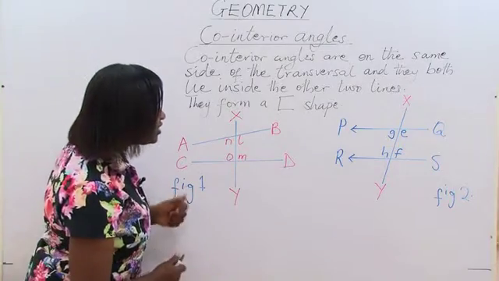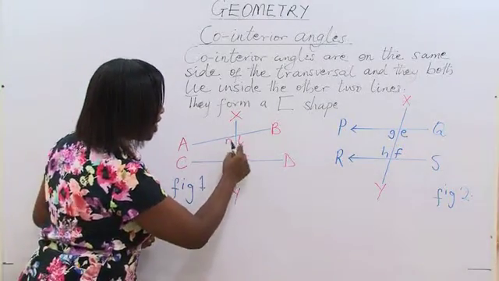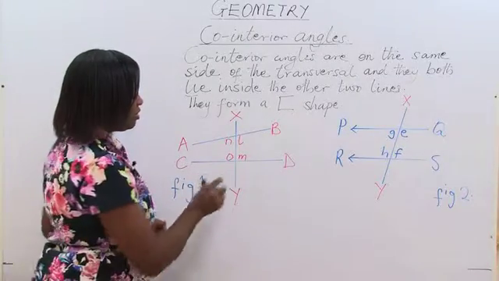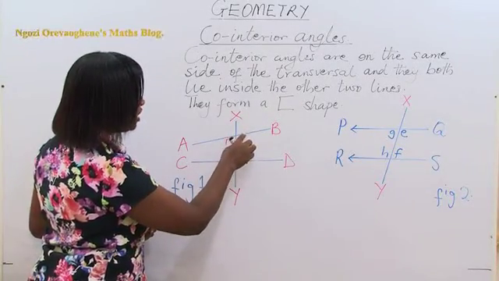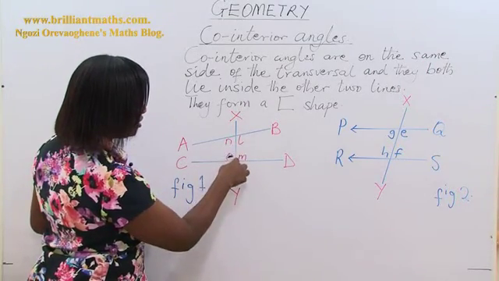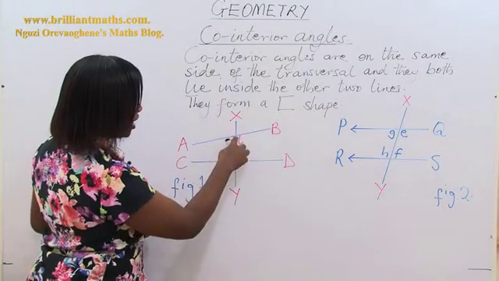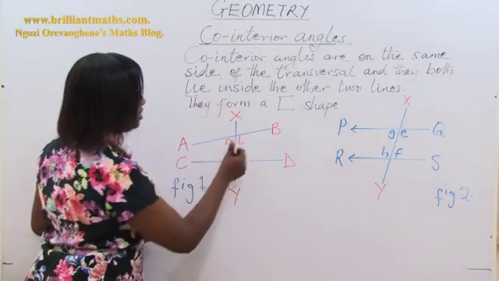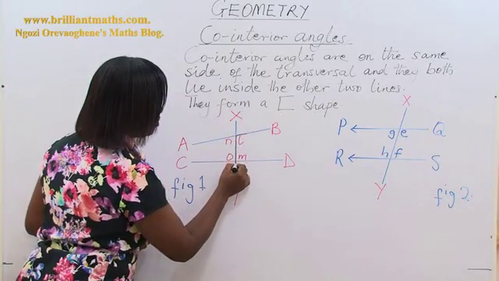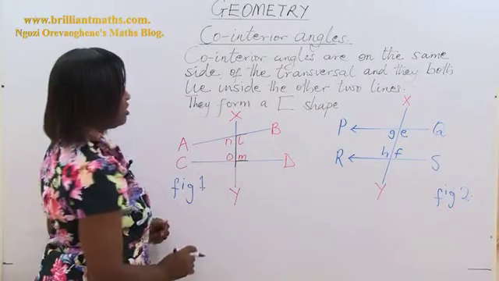We're saying that angle L and angle M are co-interior. They lie on the same side of the transversal and inside the other two lines. So angle L is here and angle M is there. Both of them are co-interior angles.